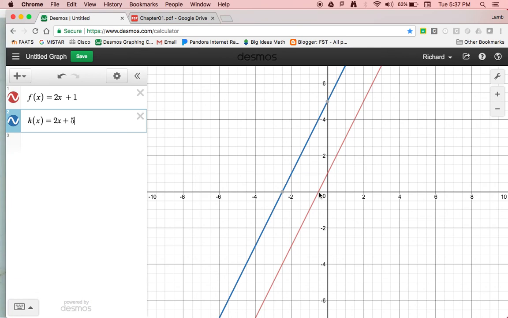Looks good. So what's this point right here? That's not a good point. Let's use this one, 0, 1. Notice we got 0, 1 right there, and notice that's negative 2, 1, excuse me. So notice 2 units, 2 units left.